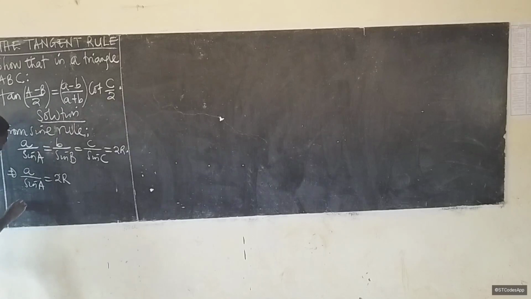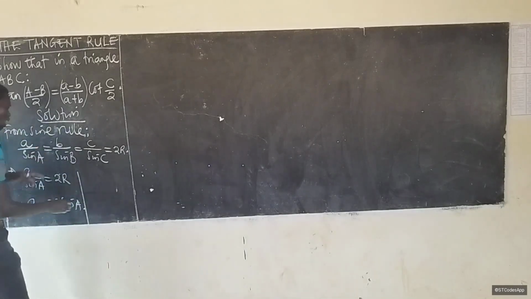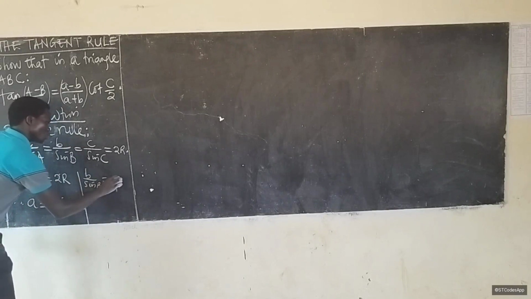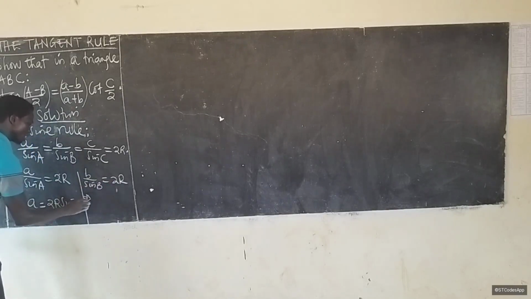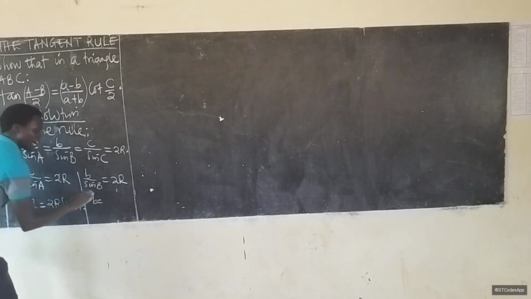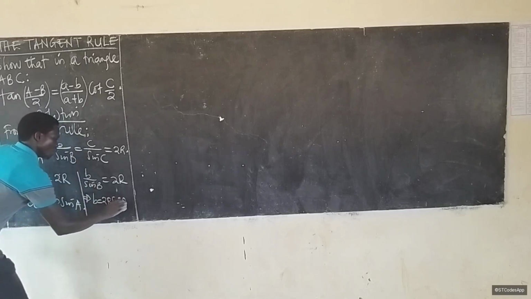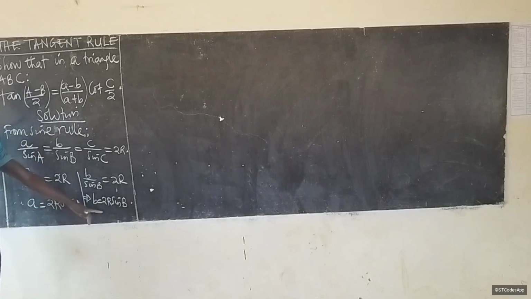So therefore, a alone is 2R sine of A. Similarly, we will have that b out of sine B is equal to 2R, implying that my small b becomes 2R sine of B. That is what we have. I'm not going to express for c because I don't have c here. I only have a and b.